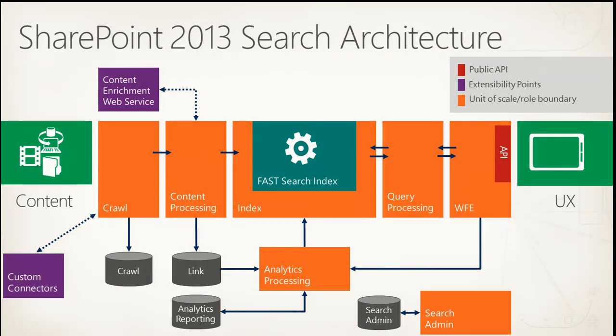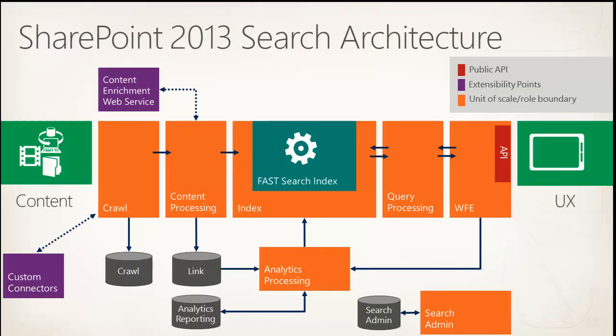So on the right-hand side, you have the UX, which could be the SharePoint UX out of the box, or custom-created apps. I'm going to show some of that today too, how we can use apps to query all the content as well. The analytics processing component is there to analyze all usage behavior and also links that the content processing component will feed to it.